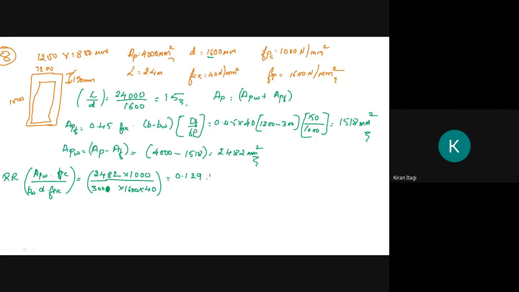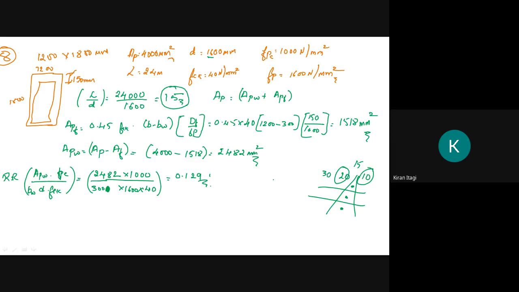Now what you should do? See here, we have got L by D as 15. But in our tabular column we have only 30, 20 and 10, and we don't have 15. So how will we calculate? Just by doing interpolation with 20 and 10, you will get the intermediate values.